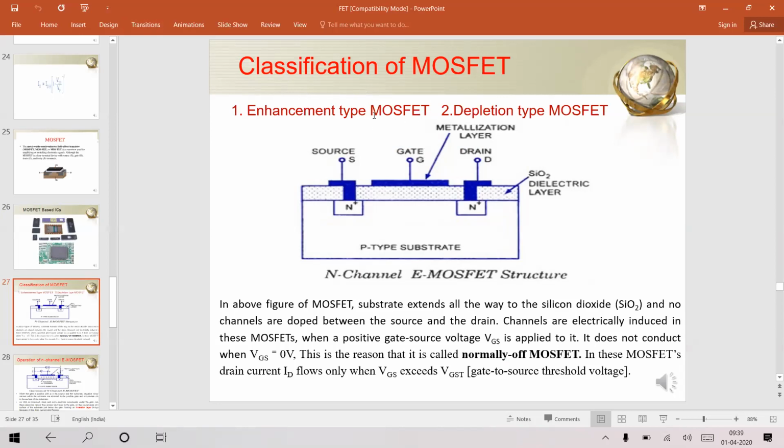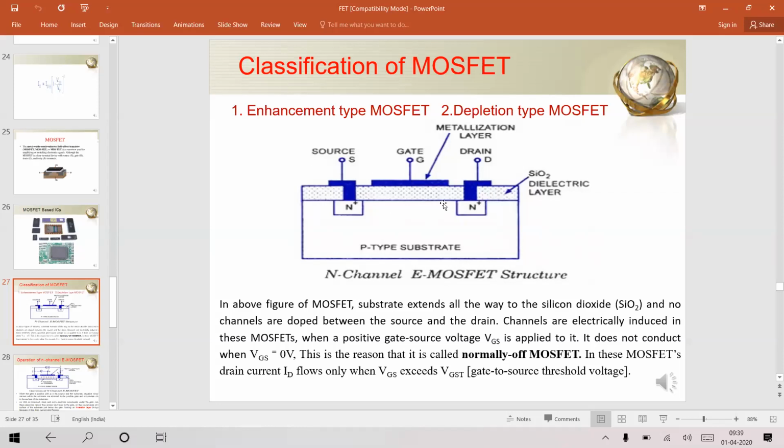So MOSFET only we are discussing, but there are two types. This enhancement type MOSFET is used widely, so we should understand the working of this enhancement mode MOSFET. And then again, depletion type has got different application, but less compared to enhancement. Enhancement type MOSFET is used most widely.